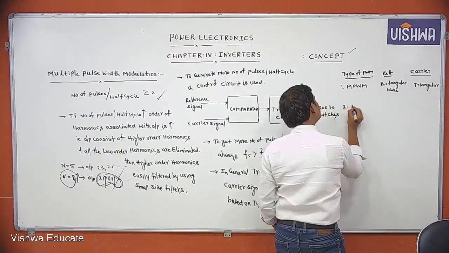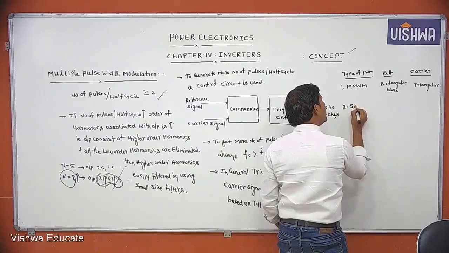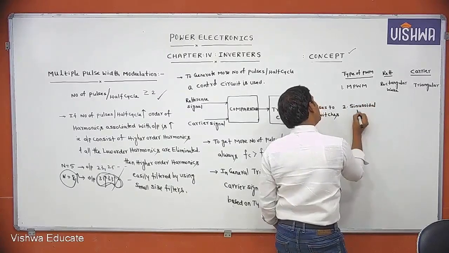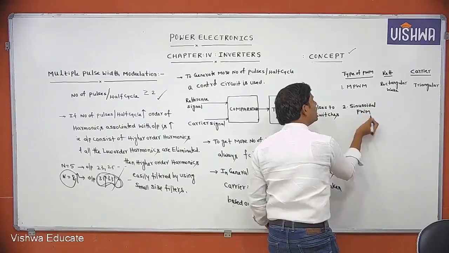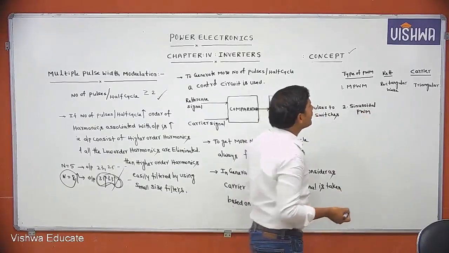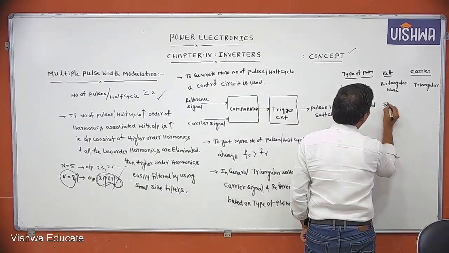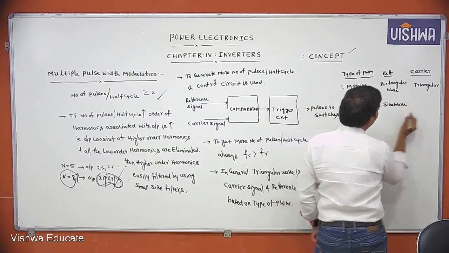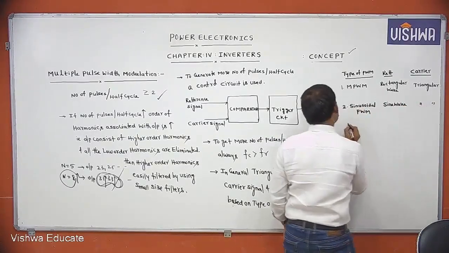If it is sinusoidal pulse width modulation, which is the reference? The sine wave is the reference. The carrier is triangular.